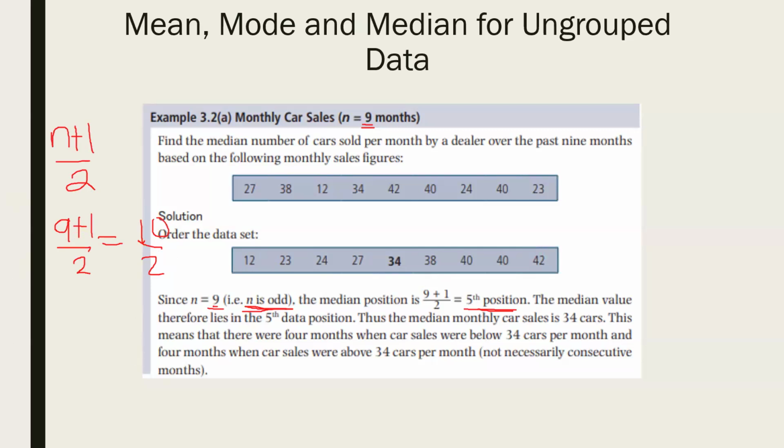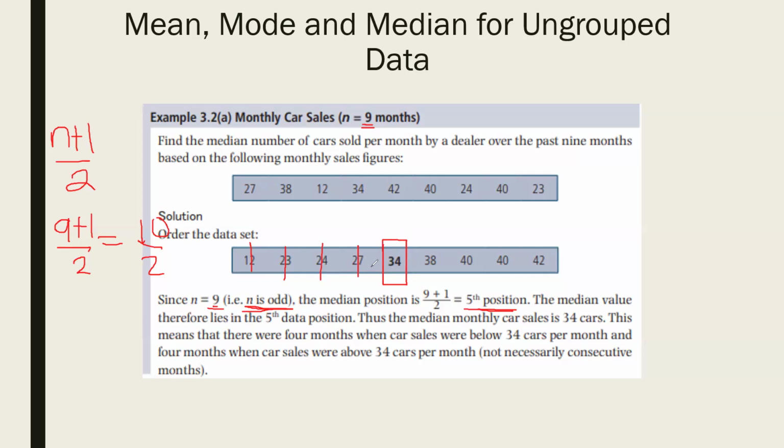What does that mean? If we start to count from the left, this is the first position, second, third, fourth, then the value on the fifth position is the median.